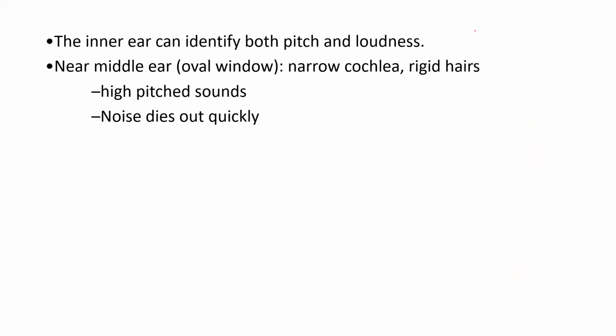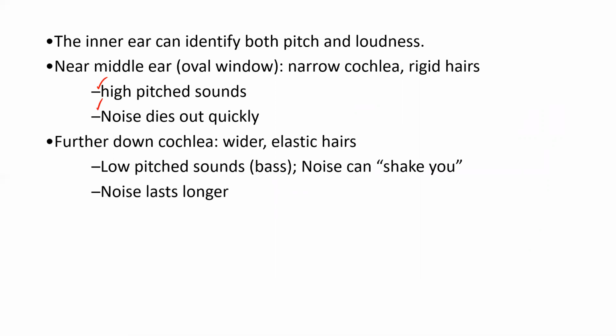Okay, so near the middle ear, narrow cochlea, rigid hairs, high pitched sounds, and noise dies out quickly. And further down the cochlea, wider elastic hairs, low pitched sounds, noise lasts longer. Old people have these high pitched ones die off more easily than the low pitched ones, starting around my age, 40s, 50s.